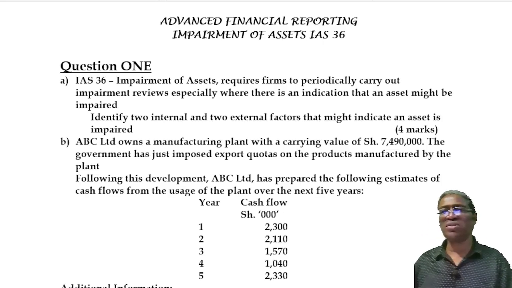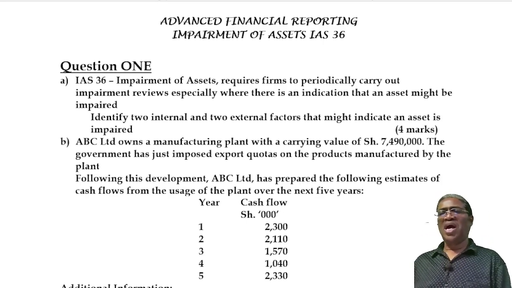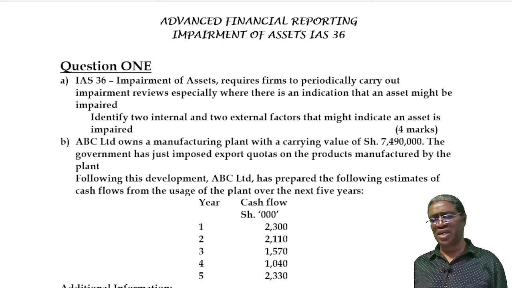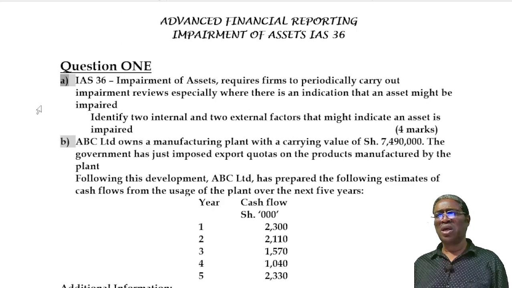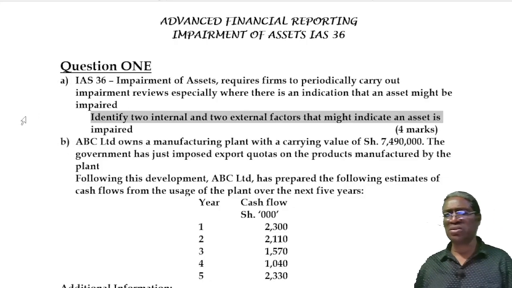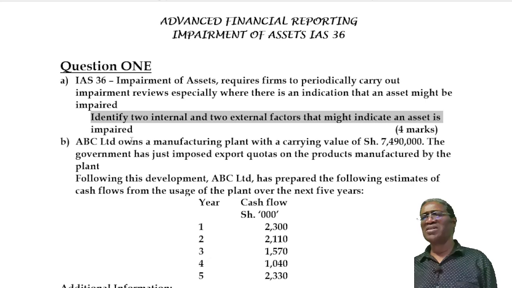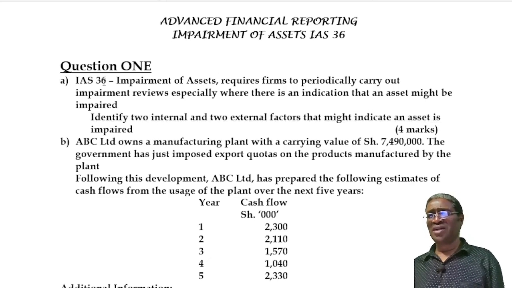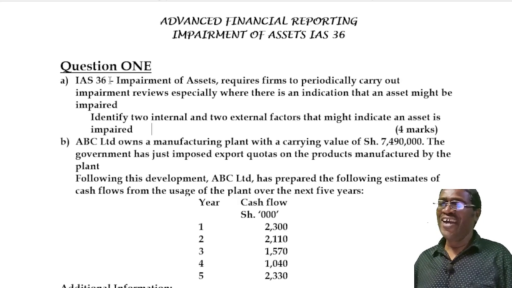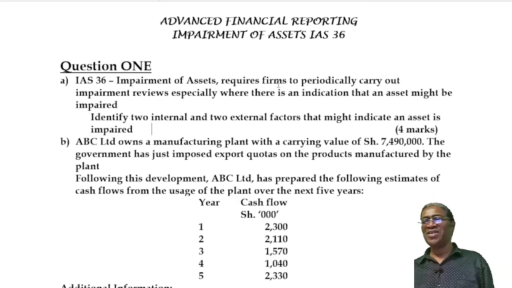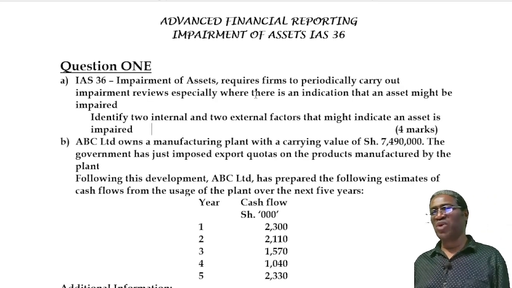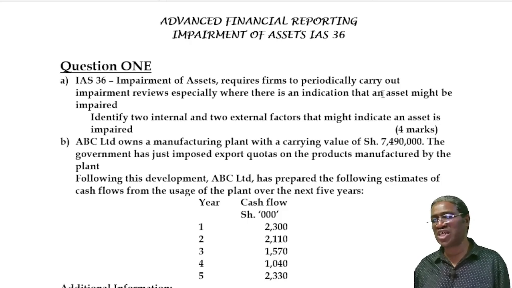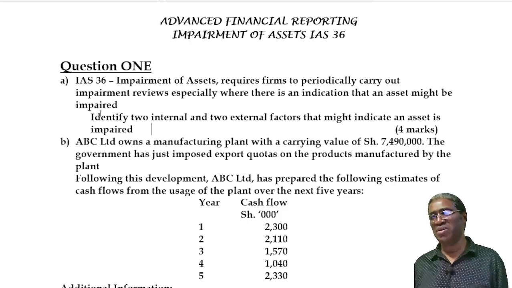It says, number 1, IAS 36, impairment of assets, requires firms to periodically carry out impairment review, especially where there is an indication that an asset might be impaired.